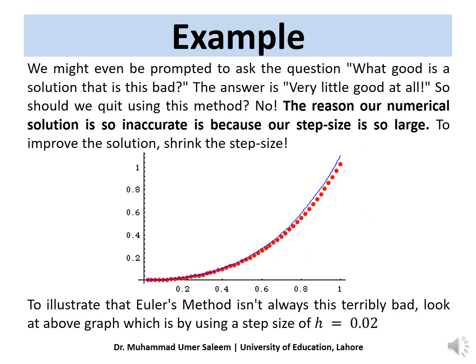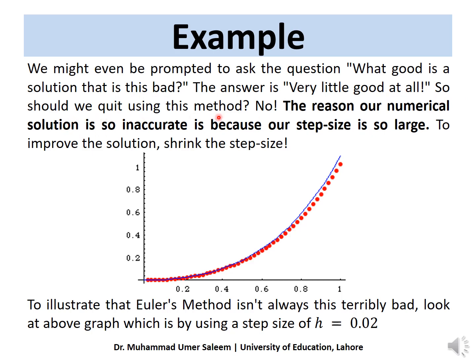We might even be prompted to ask the question, what good is a solution that is this bad? The answer is very little good at all. It is a very weak approximation to the exact value.